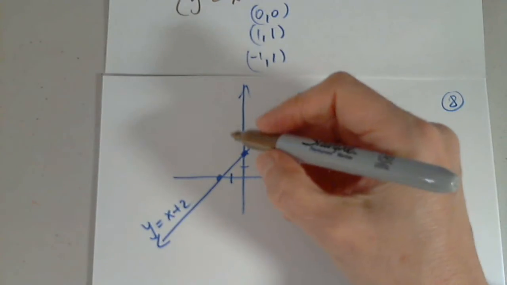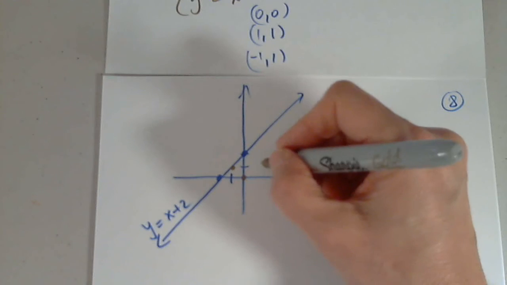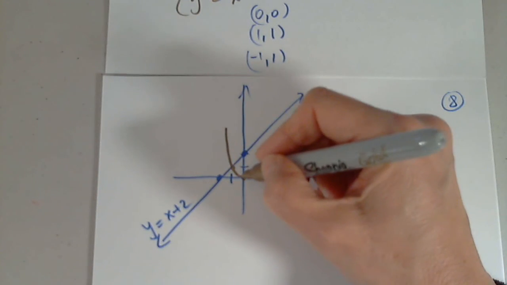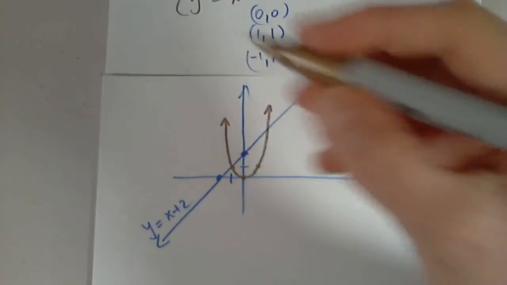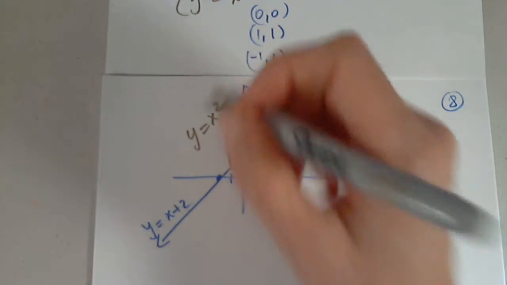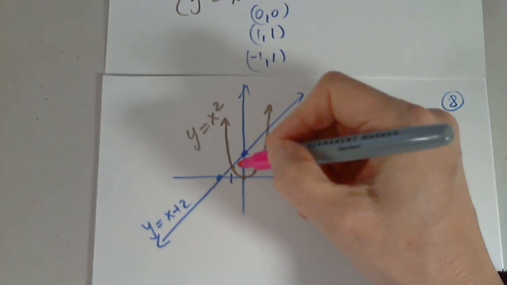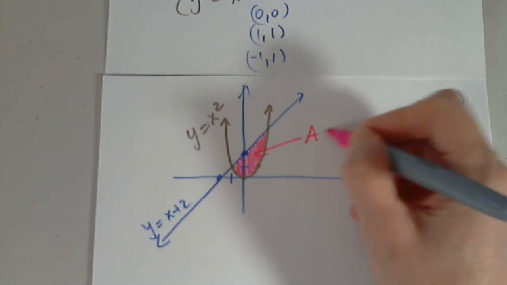So here's y equals x squared. 0, 0, 1, 1, -1, 1 I meant to say. So here's the graph. As we notice, there is an area enclosed. This is the area that we are asked to find.